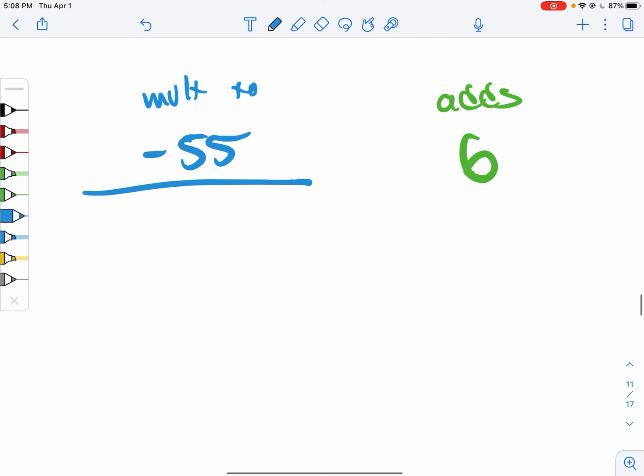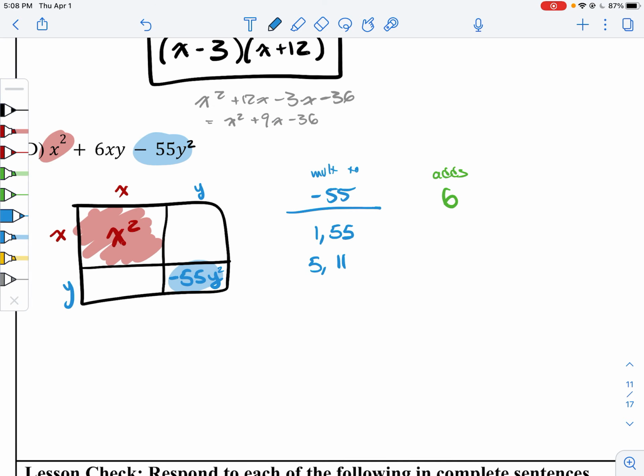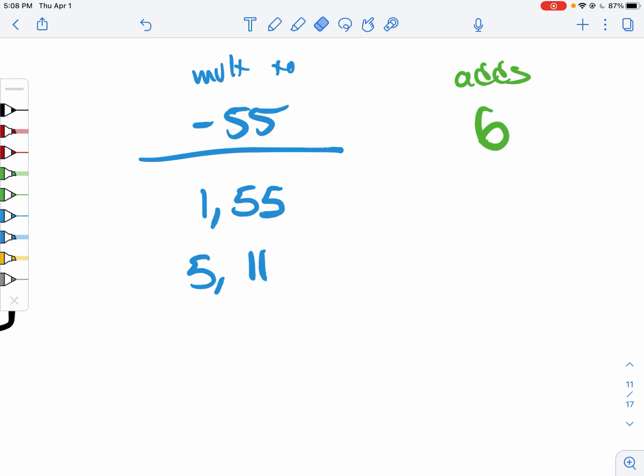So let's keep trying. What's nice about 55 is there's not a lot of pairs that multiply to 55. You've got 1 and 55, 5 and 11. But they need to multiply to negative 55, so one of them has to be negative.